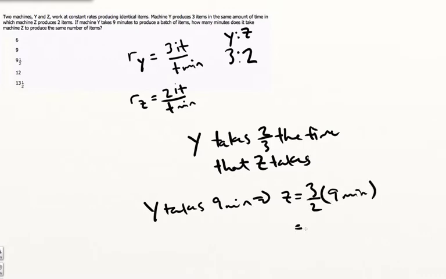So that means that Z is going to have to take longer, of course, and it will be longer in that proportion because, of course, the time is based on the speed. So 3/2 of 9 is 13.5 minutes. And if you can see the proportion and you see that it's going to have to be longer by that factor of 3 to 2, then you'll be able to answer this question with very little problem.